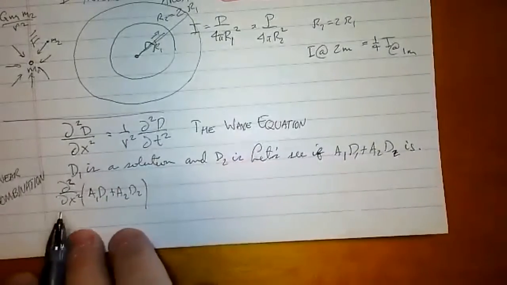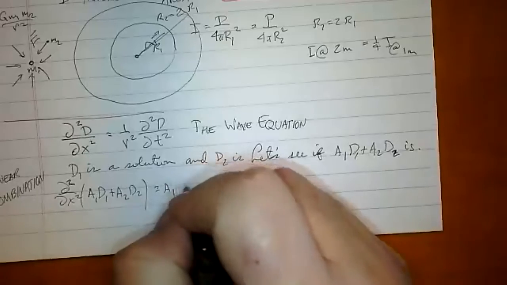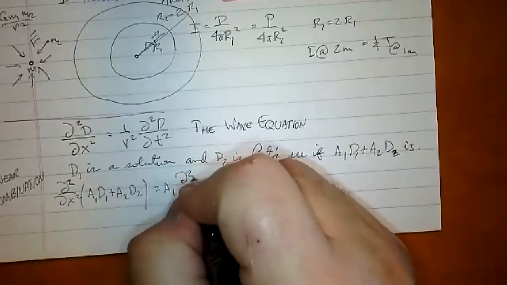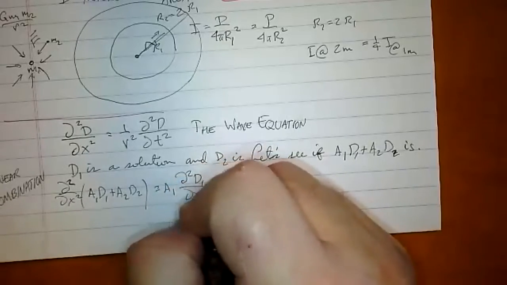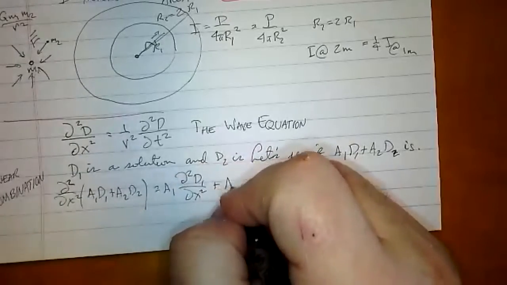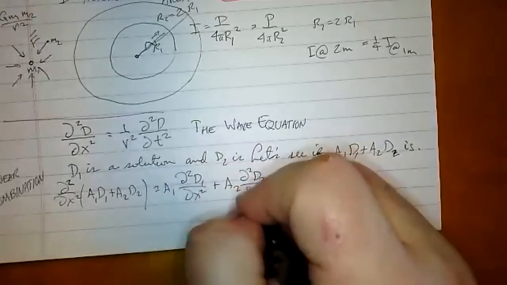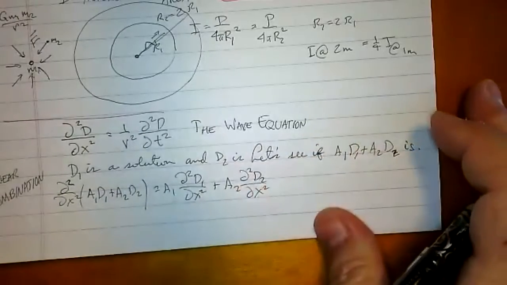So when I take the derivative of this, A1 is just a constant. So I get A1 times the second partial of D1 with respect to x squared plus A2, which is just a constant again, times the second partial of D2 with respect to x squared, right?